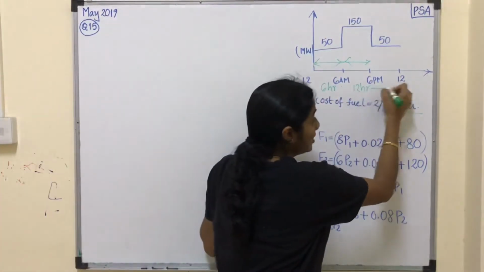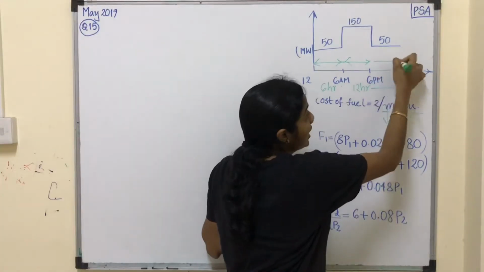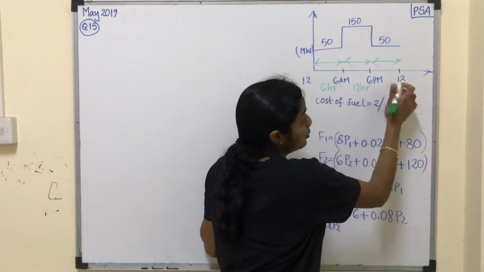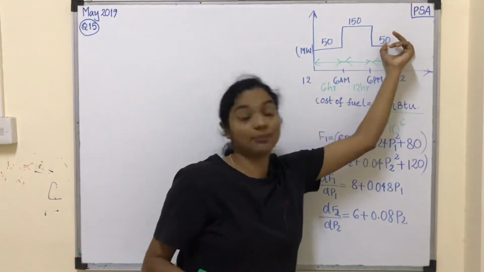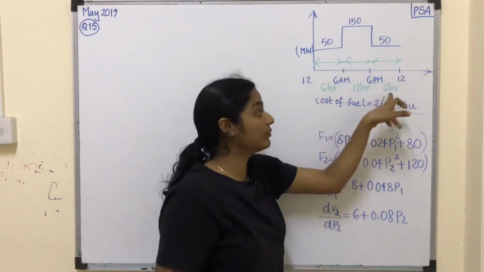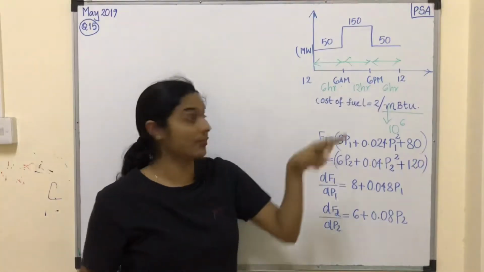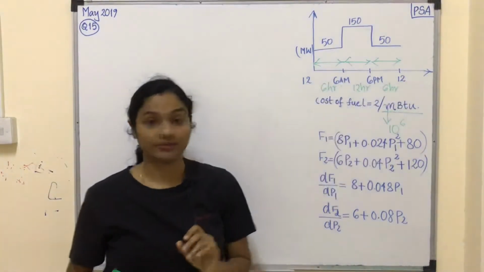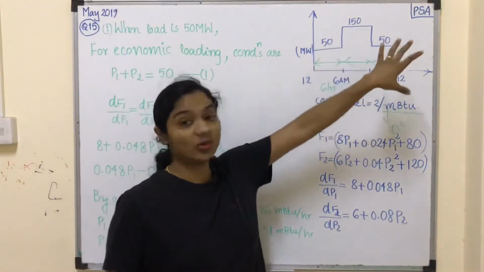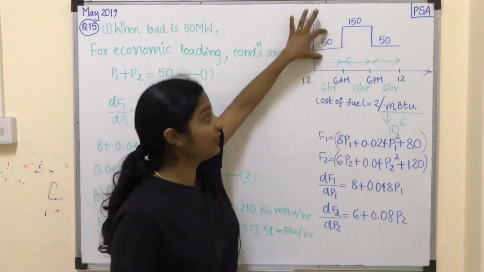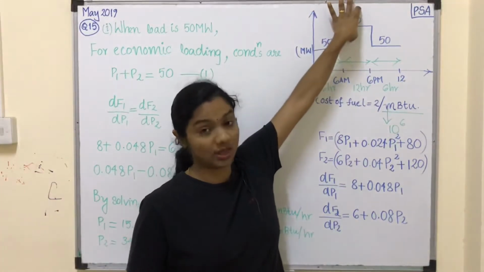And during 6 pm to 12, they are again consuming 50 megawatt of load for 6 hours. First, let us divide the given load as 2, that is 50 and 150 megawatts.